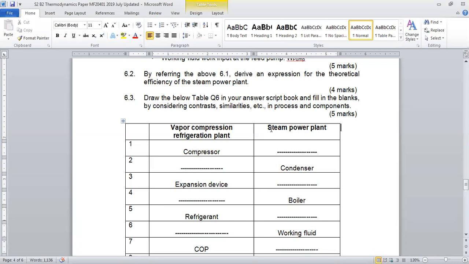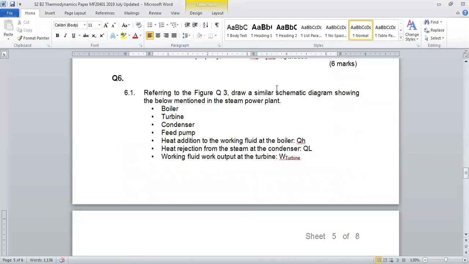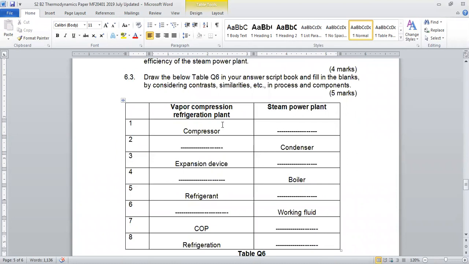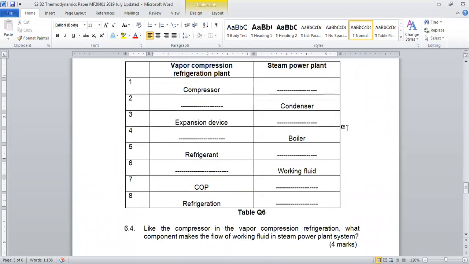See one question here. Some components. See. Complete the table in your answer script book and fill in the blanks by considering contrast and similarities, etc. in processes and components.